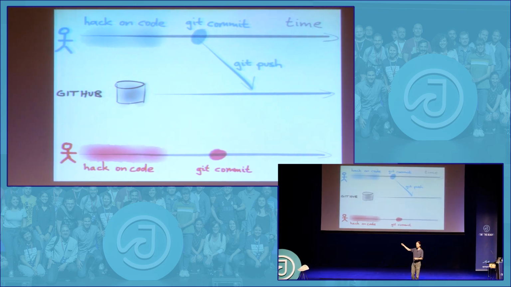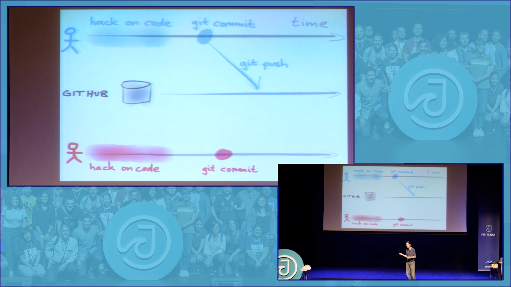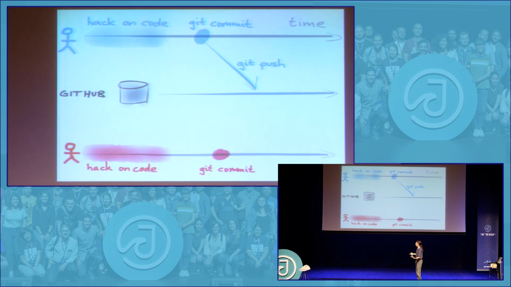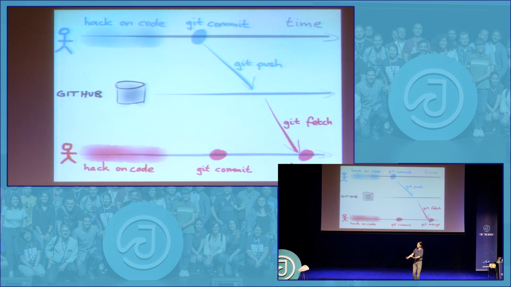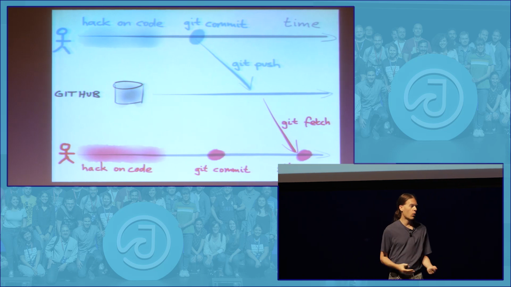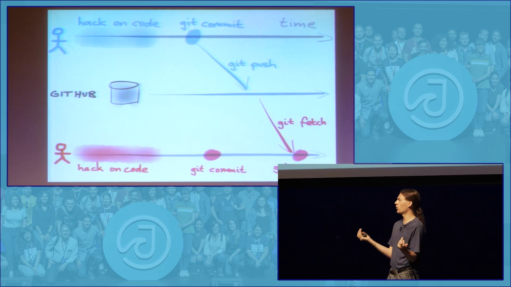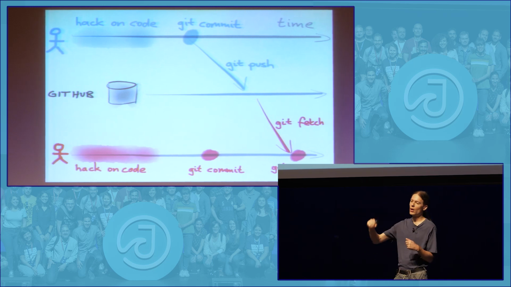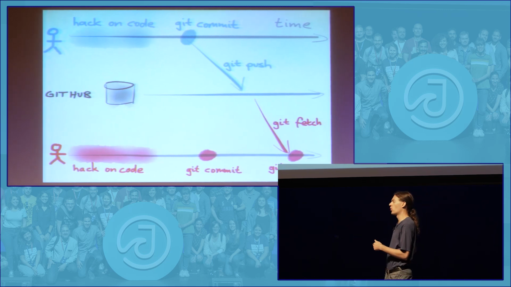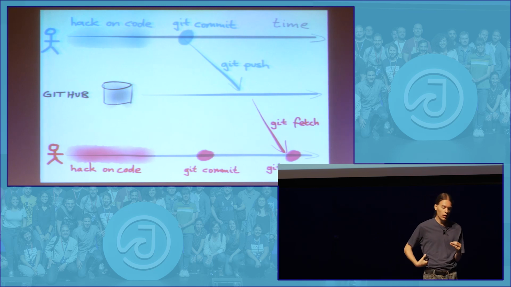So here this is your colleague, drawn as a little pink stick figure. The pink user is also hacking on some code, also commits the code, and now what happens when you want to combine these things together? So now maybe the pink person tries to push to the repository. It says, oh no, you're not up to date, so you have to first fetch, merge, and then re-push your changes back, including the merge.